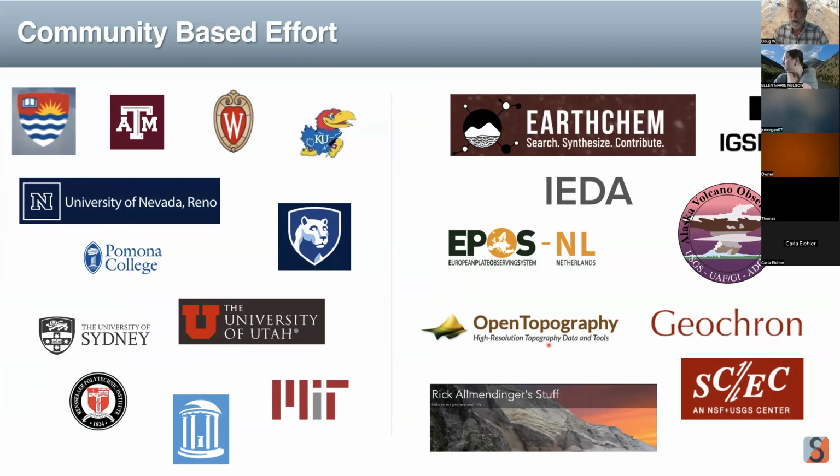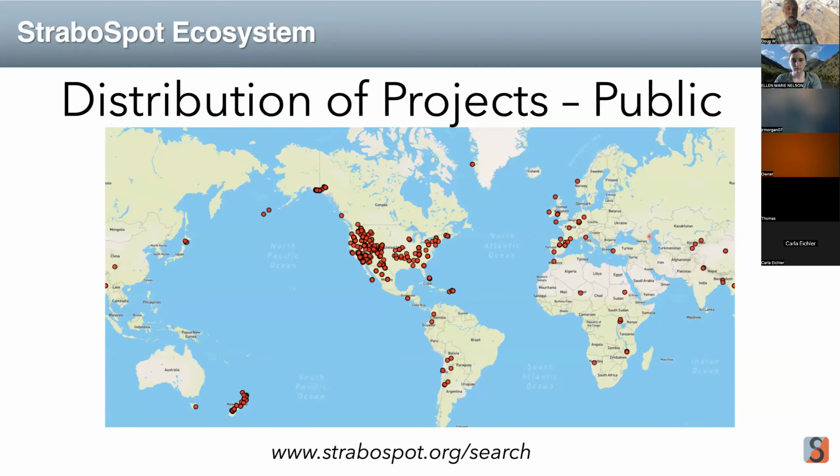On the right-hand side shows some of the interoperability that we have between StraboSpot and some of the big geoscience cyber infrastructure efforts like EarthChem, AIDA, Open Topography, all of Rick Allmendinger's stuff, actually working with the Alaska Volcanic Observatory and digitally working with them, IGSNs, et cetera. So a lot of Strabo stuff and a lot of interoperability.